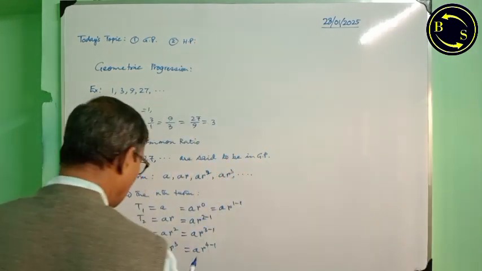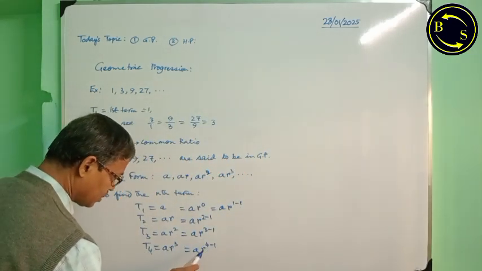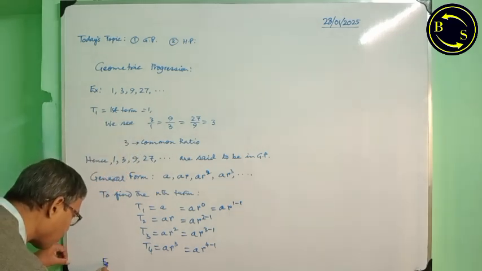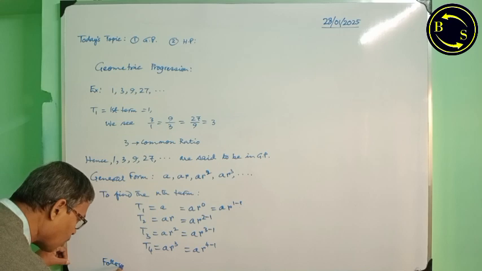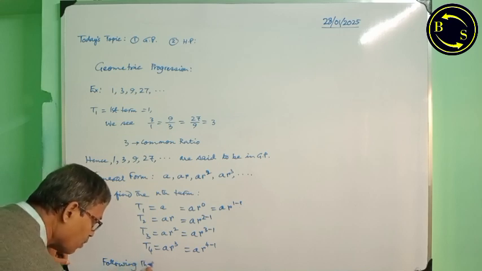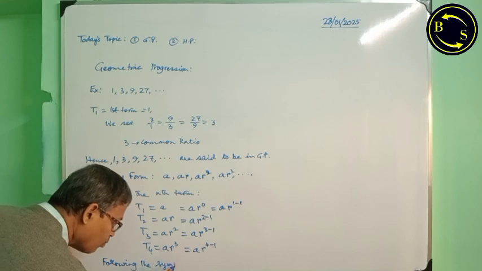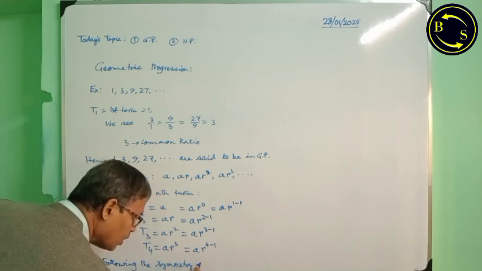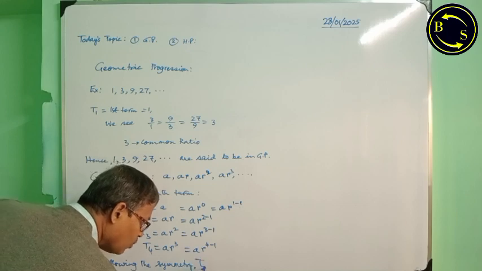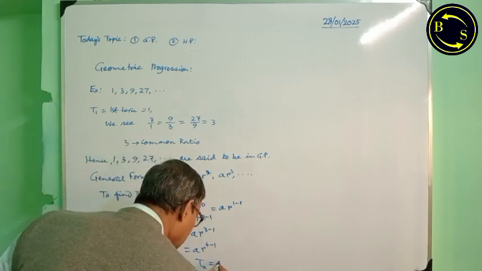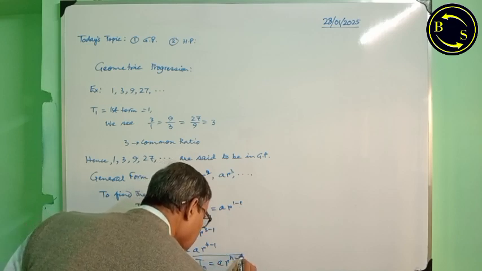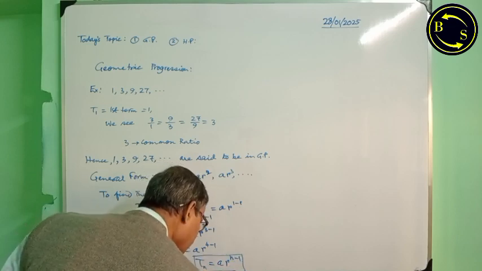Power of r is 1 less than the term number. Therefore, following the symmetry, Tn will be equal to a r to the power n minus 1. That is the first formula.